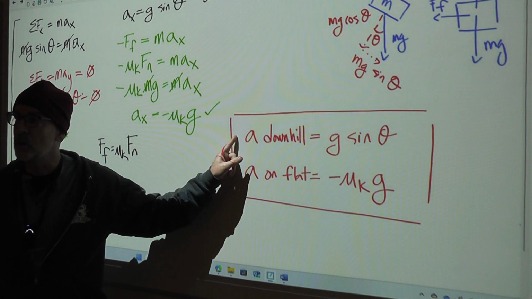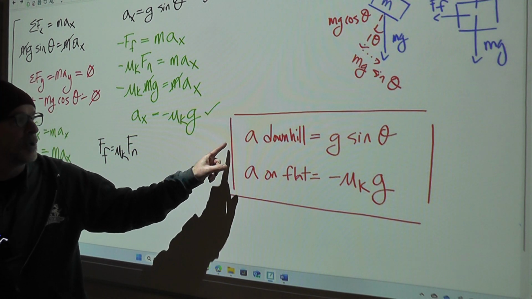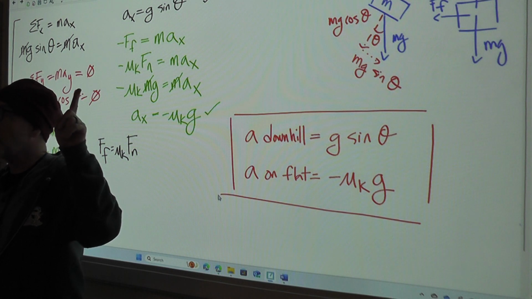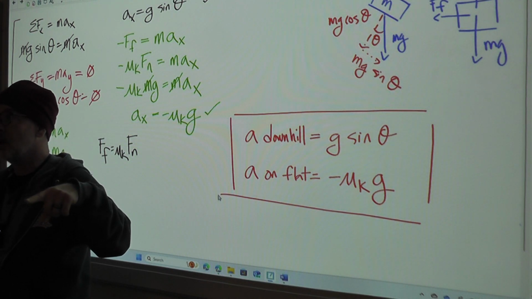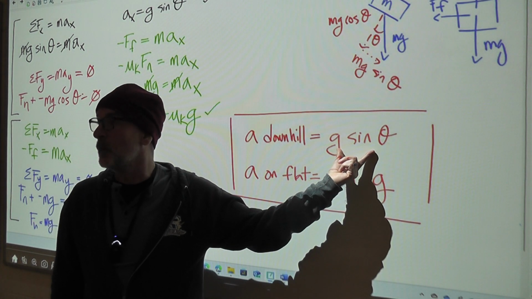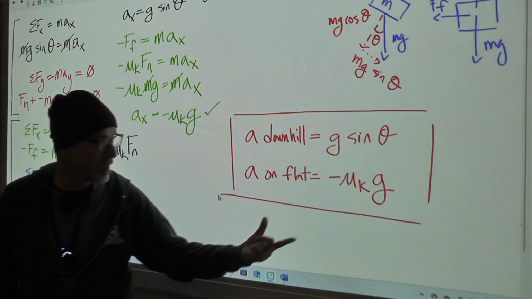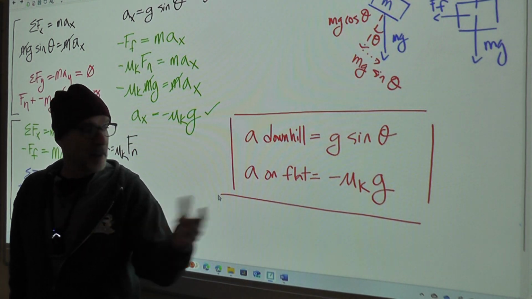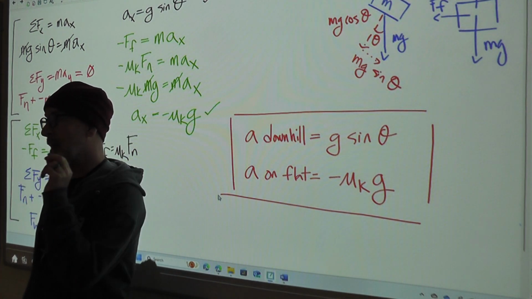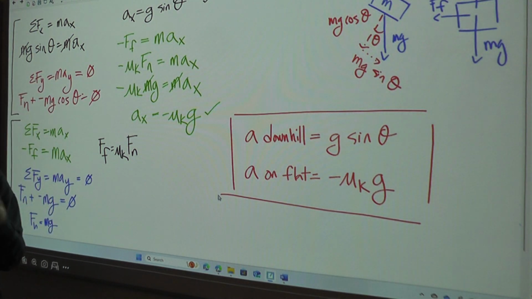This one, we know a distance. The hill is 3 meters long. So with a starting velocity of 0, a hill that's 3 meters long, with this acceleration, we can find how fast he's moving at the bottom of the hill. And then with this acceleration and a starting velocity, we know what we're looking for is an ending velocity of 0.